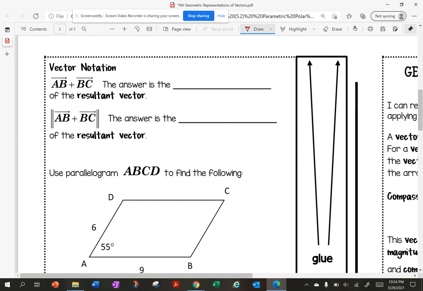When I have vector AB plus vector BC, the answer is the name of the vector. And if I have those double lines, I want to know the magnitude of vector AB plus vector BC. So the one with the double lines is telling me magnitude. So this is a number.